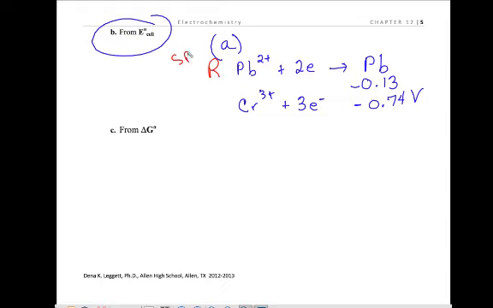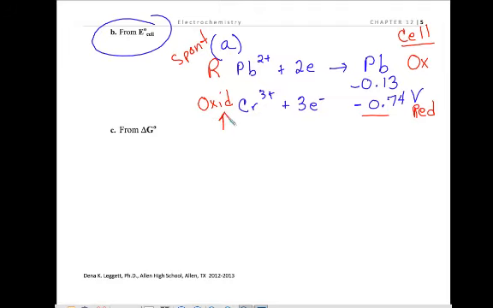So remember, we want our most positive to be reduced. This would be what would happen in a spontaneous situation. And we want our most negative to be oxidized. So that would be spontaneous. Unfortunately, in our cell, we have lead being oxidized and our chromium being reduced. So in the cell we designed, we have it occurring opposite of what would be spontaneous.